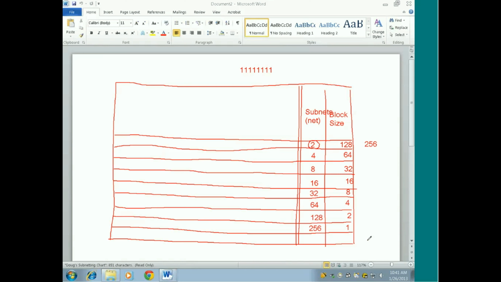How many networks with a block size of 256, or with a block size of 1? 256. This range right here is known as the 4th octet. It's the far right octet.